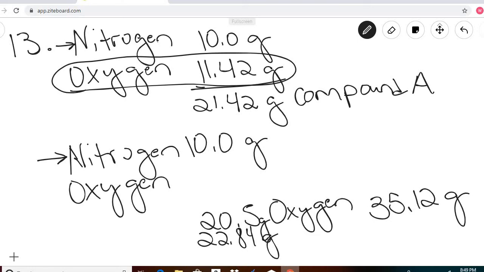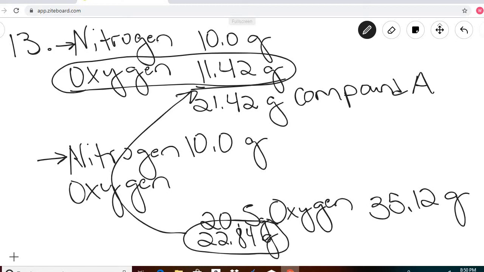And that oxygen can occur only in whole number multiples. So if she starts with 11.42 grams, then she has to look at a number that is twice as much as this or half as much as this. And so the only one of these 3 choices that works is 22.84 grams, because that is twice as much oxygen.